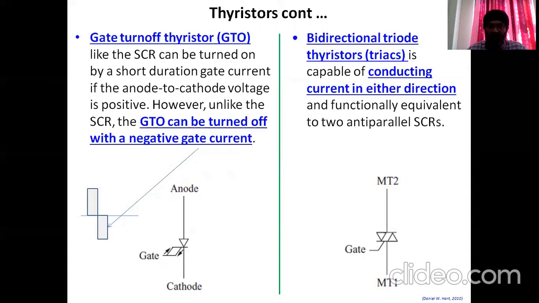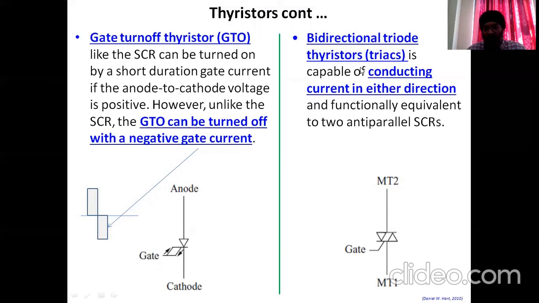A negative gate pulse can be applied to turn off the thyristor, which is the gate turn off thyristor. That's the main difference between SCR and GTO. So this is the symbol: it can be turned on through gate and it can also be turned off through gate. Turn on through positive gate pulse and turn off through negative gate pulse.